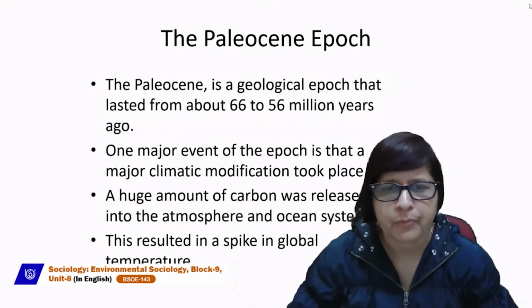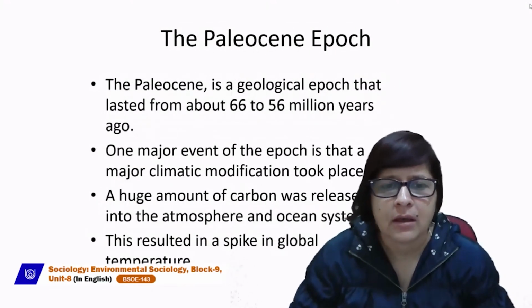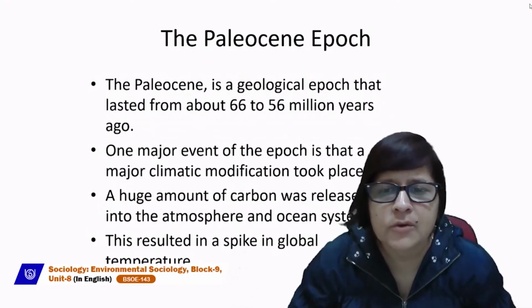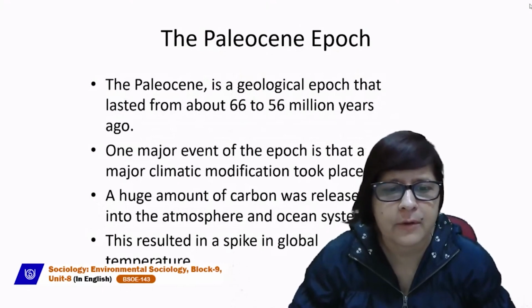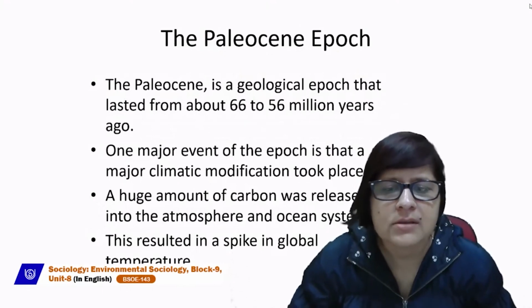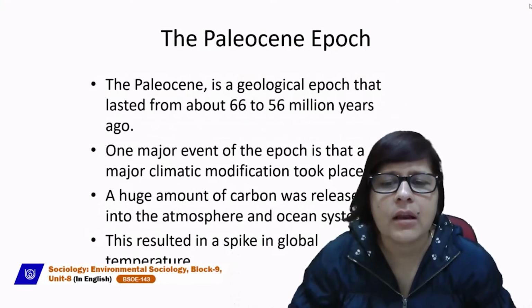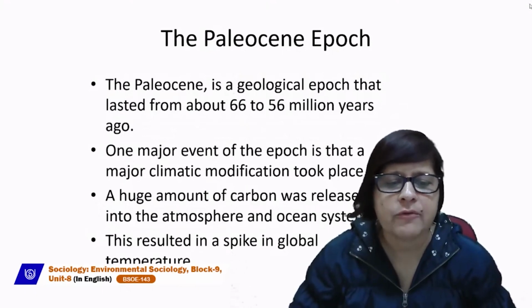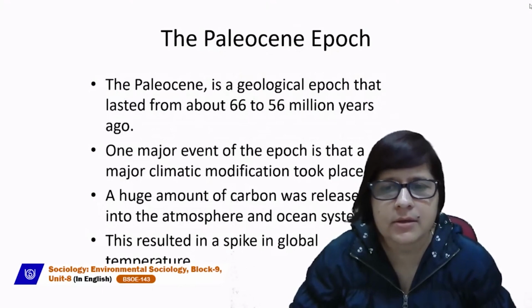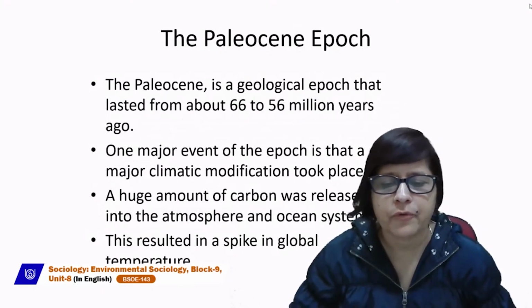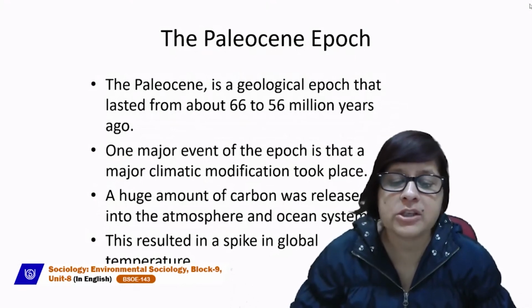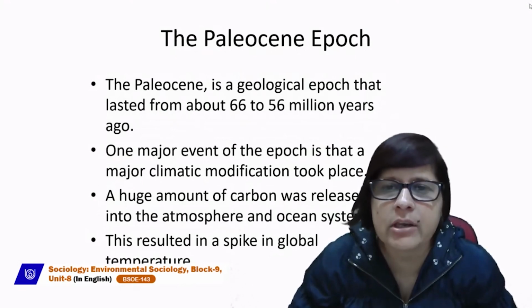This period has five epochs. The first one is the Paleocene epoch. The Paleocene is a geological epoch that lasted from about 66 to 56 million years ago. One major event of this age was a major climatic modification.